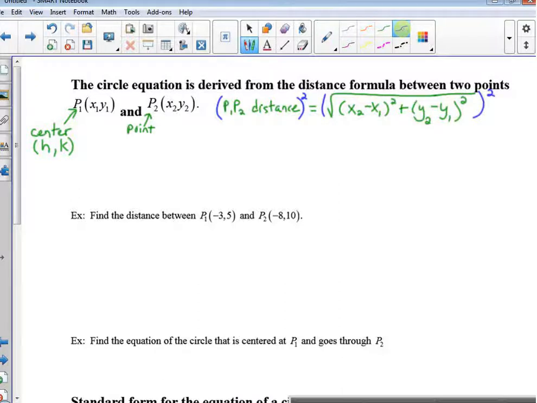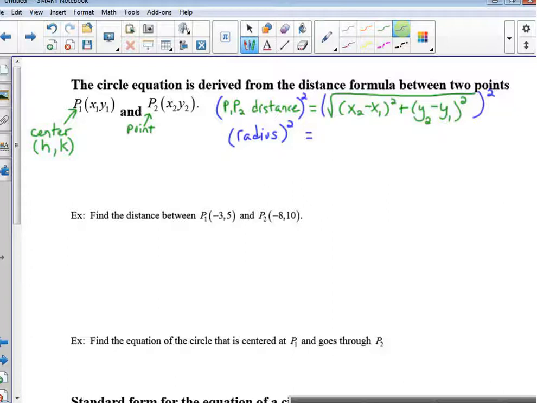Okay. And then if I square both sides to get rid of my radical, now this distance, remember, is really the radius. So the radius squared becomes, and the square root goes, because we're squaring a radical, like with radical equations.